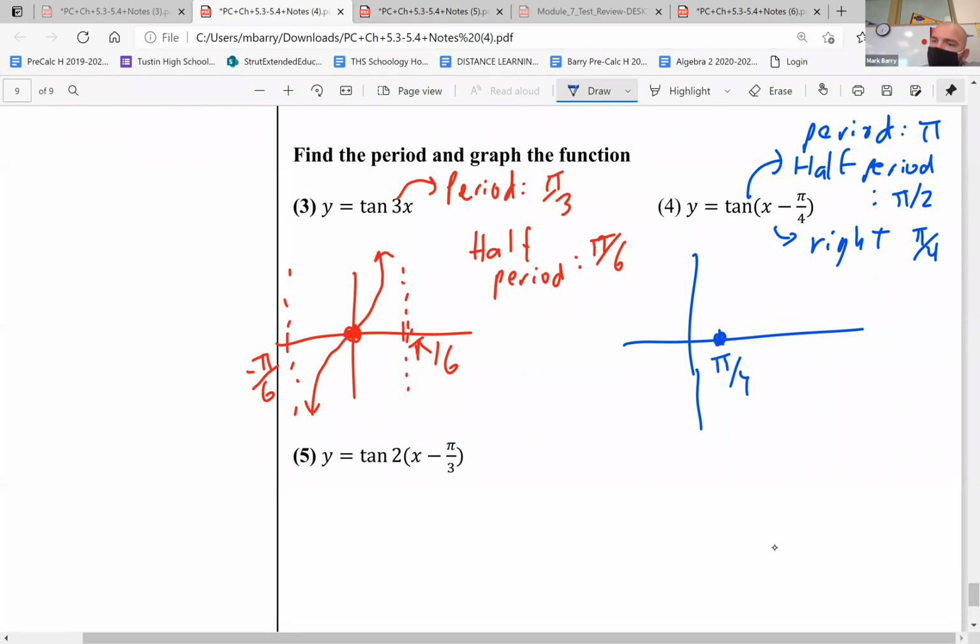So I'm going to go to the right pi over 4, and there's my starting point. It's actually kind of my middle point, right? All right, then I'm going to draw an asymptote over here, asymptote over here, draw my curve.